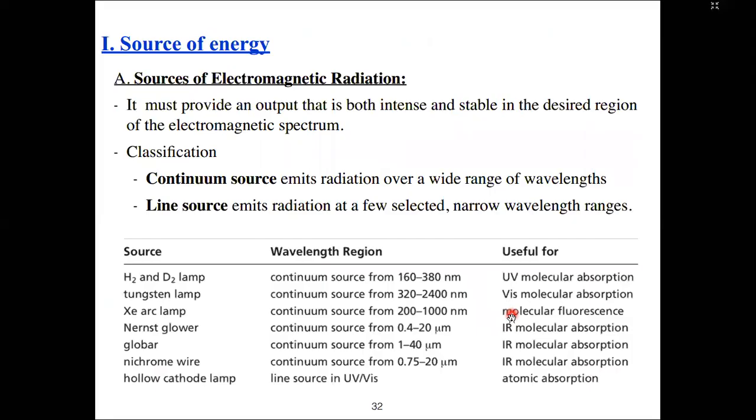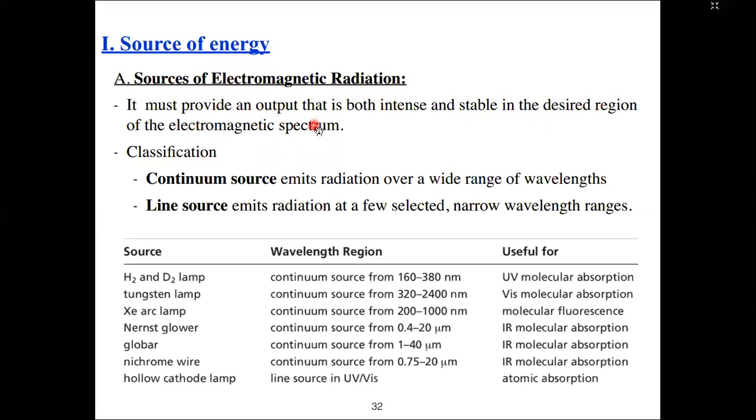Now let's get into the detail on those 4 components. Okay, the last one is ignored because it is just the computer monitor or the digital readout device. So the source of the energy. So what are the different sources of the energy that we can be using, okay? So one of the sources is electromagnetic radiation.